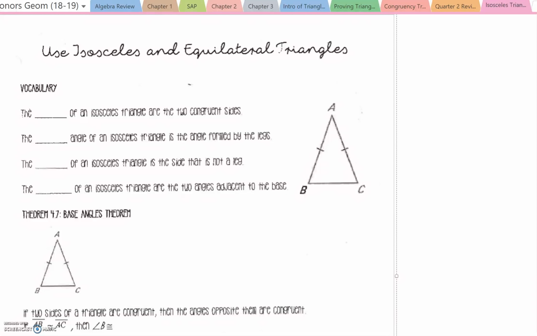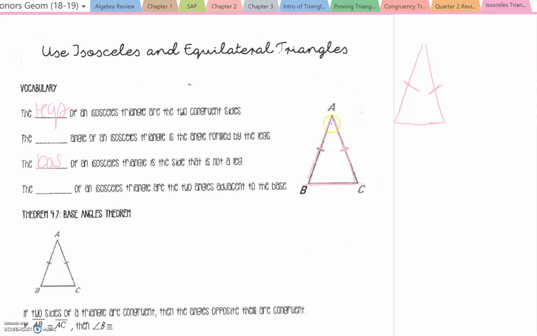All right, so an isosceles triangle is a triangle that has at least two congruent sides. The two congruent sides are called the legs. So here, AB and AC would be the legs. Where the legs meet, the bottom is called the base.